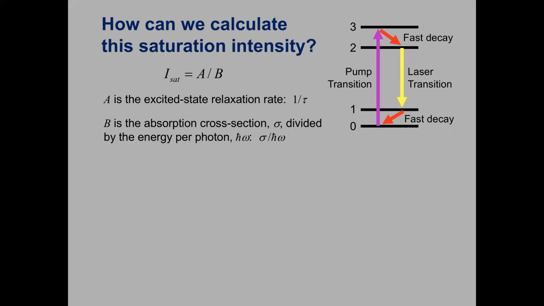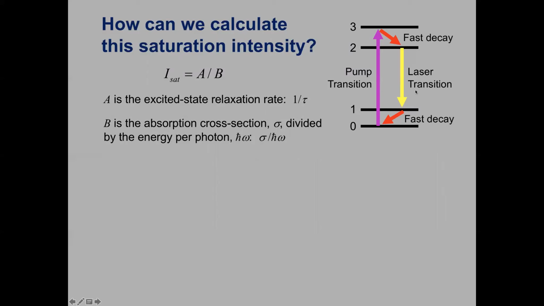So this saturation intensity, we'll talk about what it means in a second, but it's the relaxation rate for an excited state divided by what we call the absorption cross-section, how likely the system is to absorb a photon.